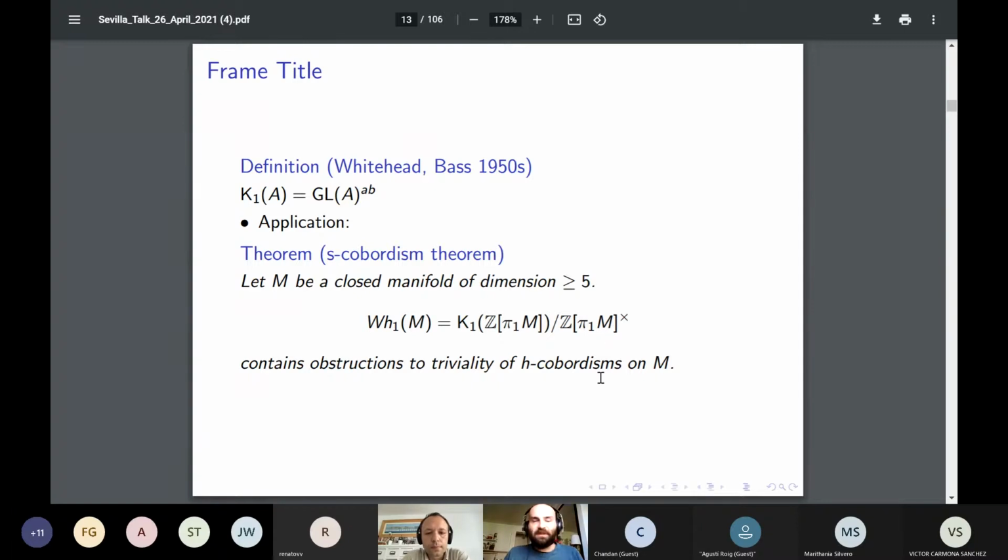So here h-cobordisms means the cobordisms where the inclusion of the boundary map is a homotopy equivalence, and you say an h-cobordism is trivial if it is basically a cylinder on M.